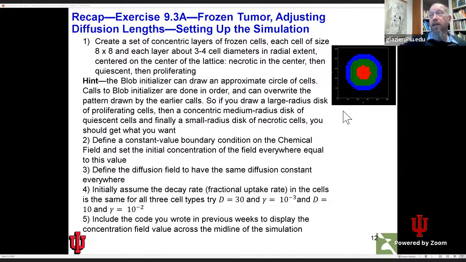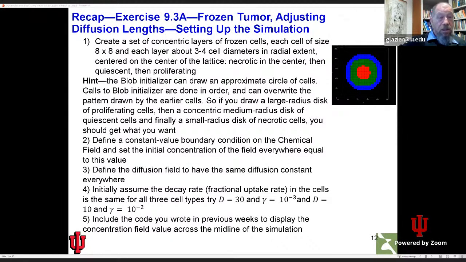Assume that there is no uptake in the field outside the cells, and that there is a decay rate here 10 to the minus 3 or 10 to the minus 2 inside the cells. You can do that in the diffusion solver program. And then it's helpful to draw a line across the center of the simulation and plot the chemical concentration as a function of position. So is that exercise clear?